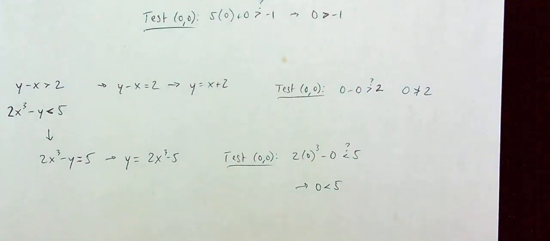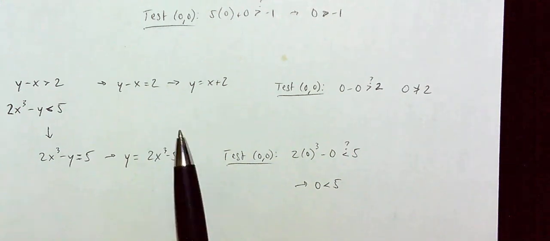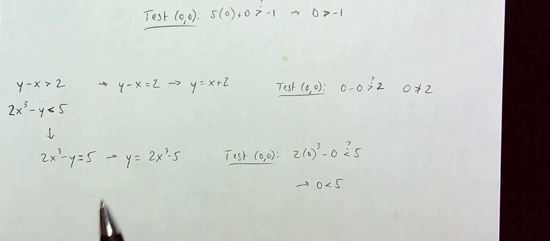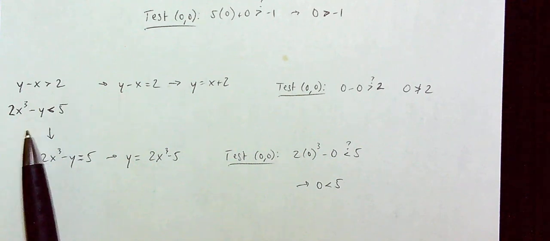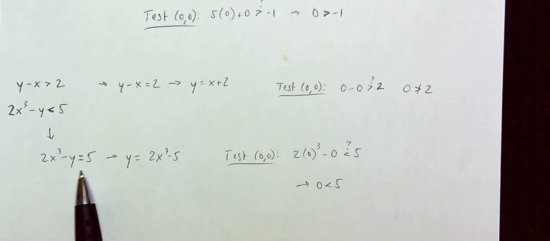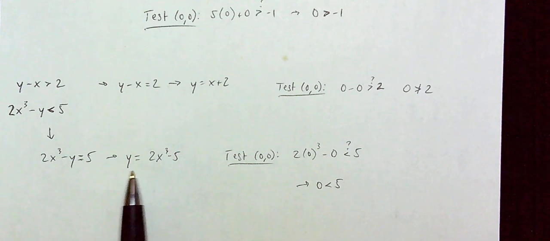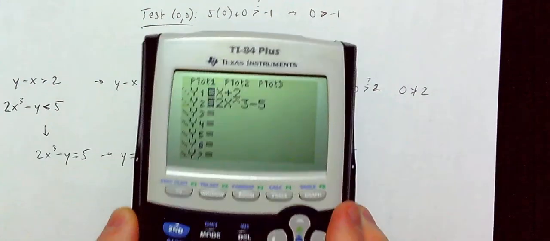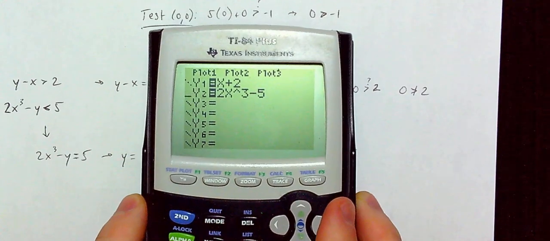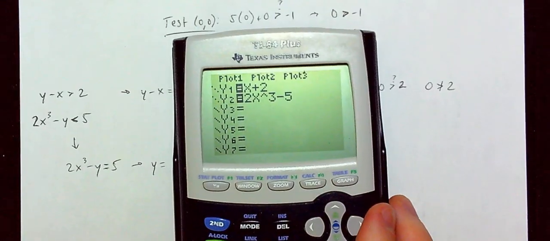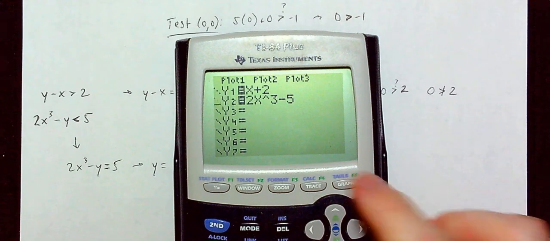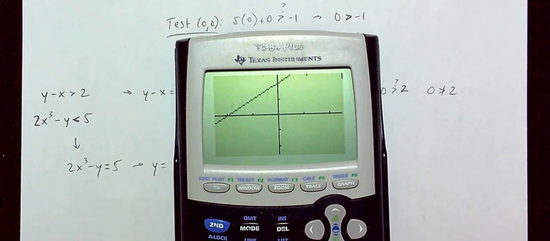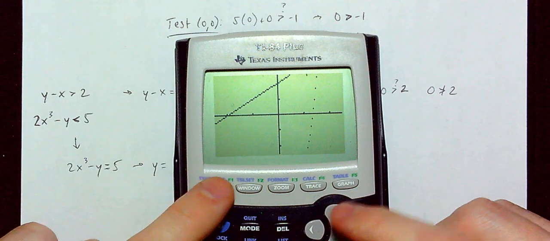So y minus x equals 2 implies that y is equal to x plus 2, and 2x cubed minus y equals 5 gives y is equal to 2x cubed minus 5. If I plot each of these on my graphing calculator, these are strict inequalities, so we're using dashed lines here.